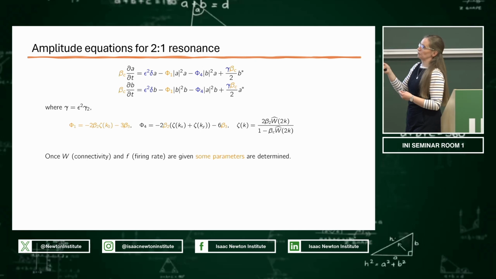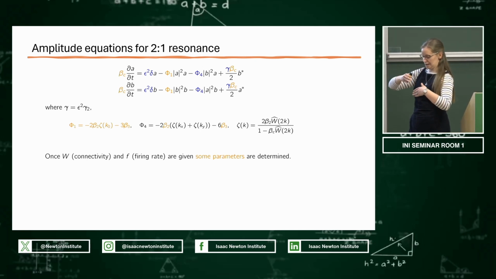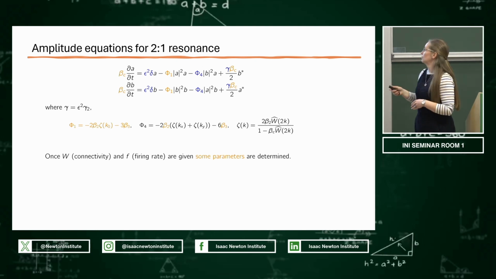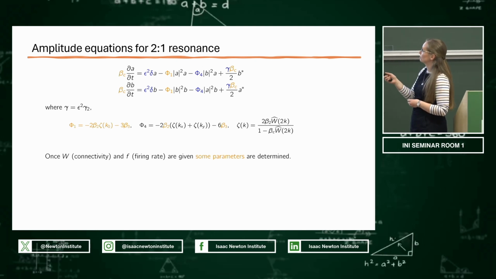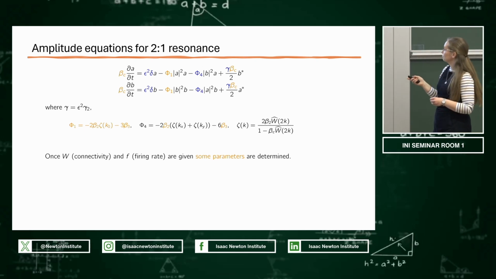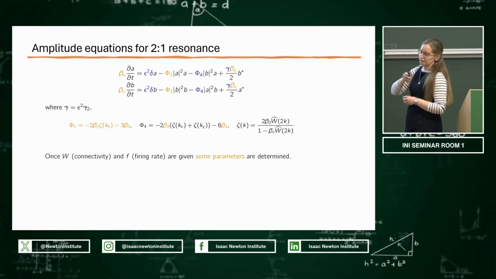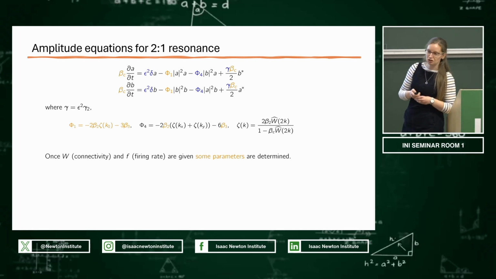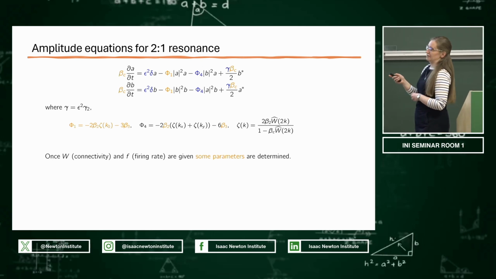So this is what they look like for 2-to-1. If you fix your kernel and your firing rate, apart from the exact slope at the threshold, then you've fixed all of these coefficients that are shown in orange, which leaves you the blue ones to play around with, to see if you can get some nice bifurcations to these orthogonal patterns.